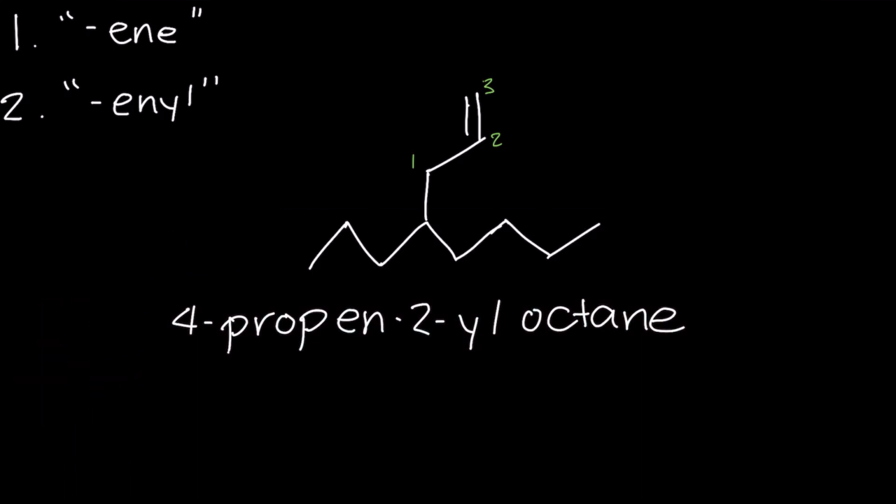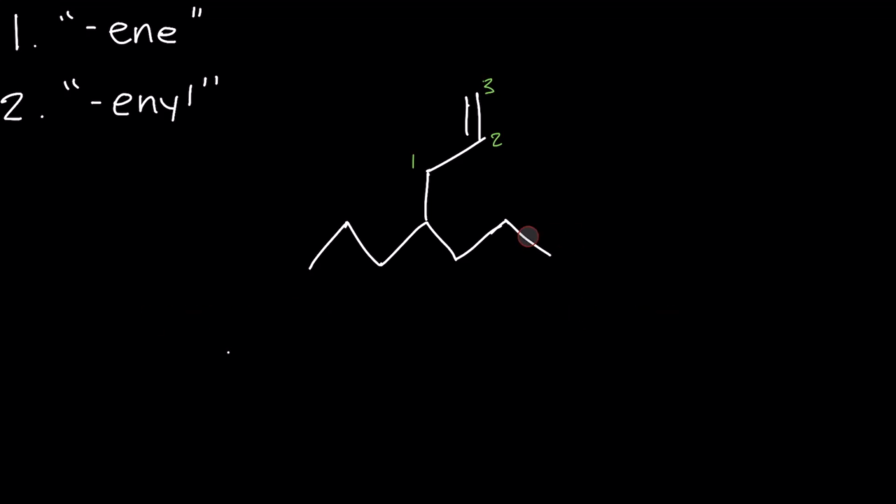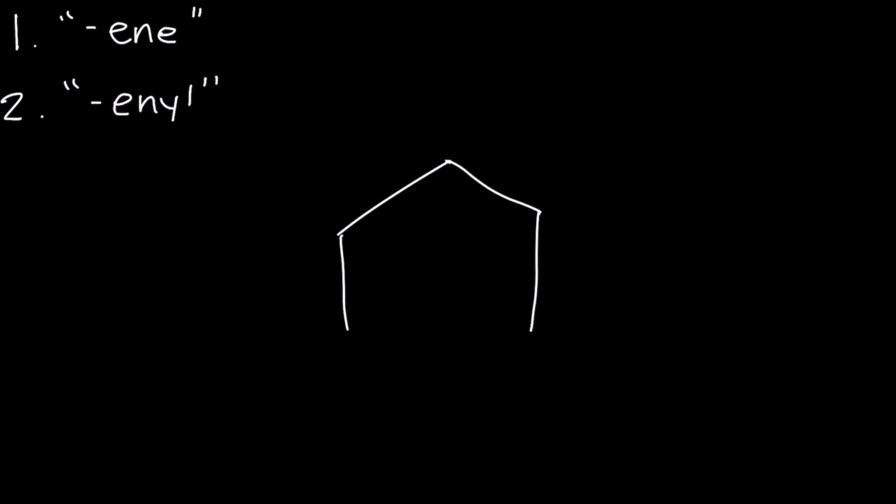molecule. So I want you to try to name, let's do this molecule. Pause the video and I'll give you the answer right now. Okay, so my longest chain is of course going to be the cyclohexane here.